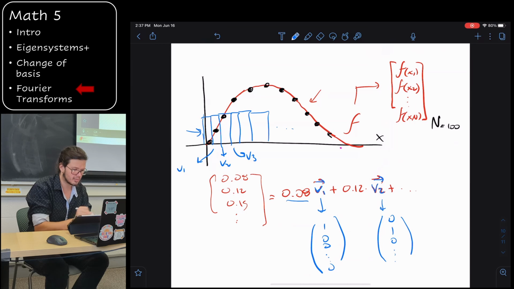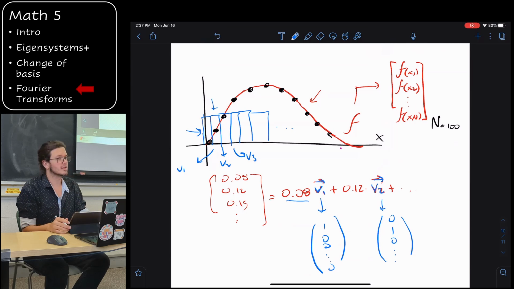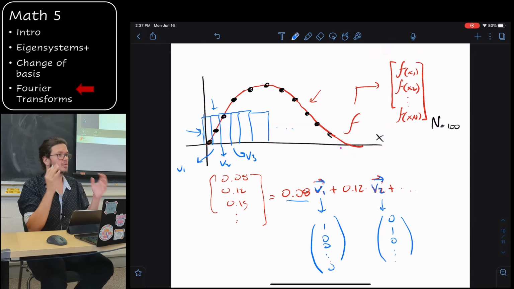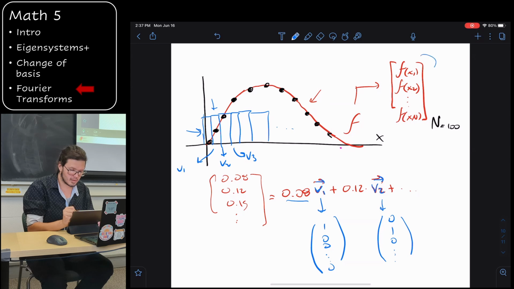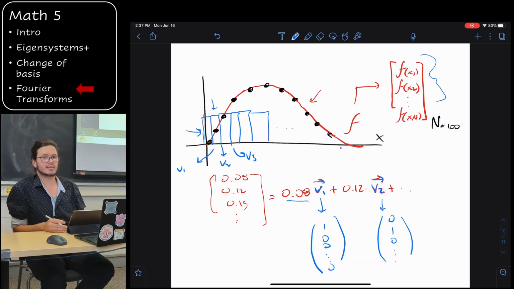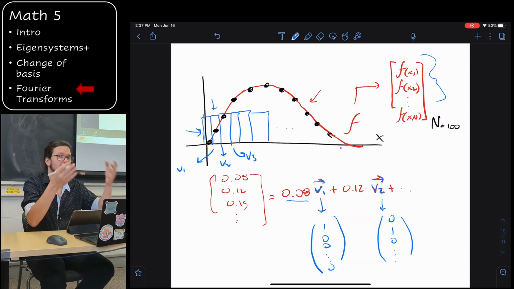You will shrink it by this number. How much you're going to shrink or stretch the second rectangle, and so forth. The details don't matter. What I want you to get is that when you write your function in this coordinate system as these values in this grid, there is an underlying basis, and it's a basis in the x representation that you're using to show your signal or your function.